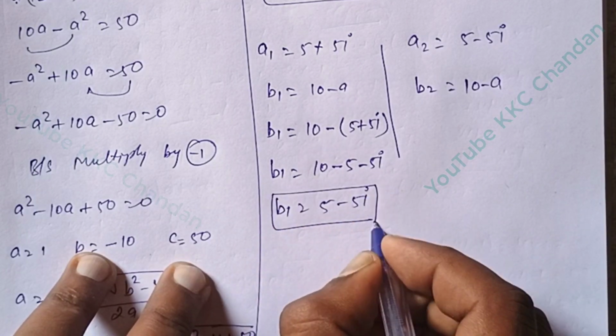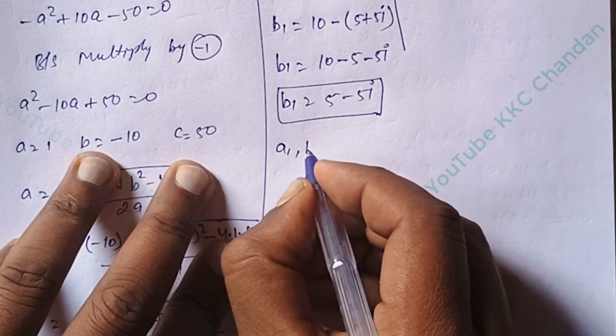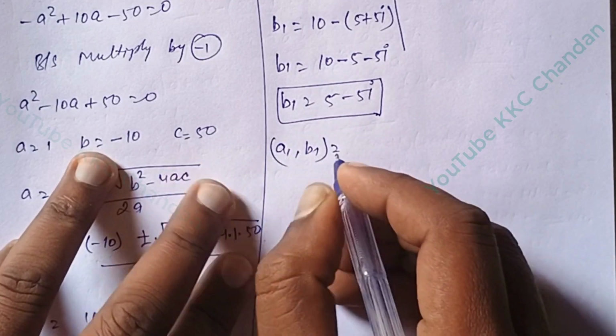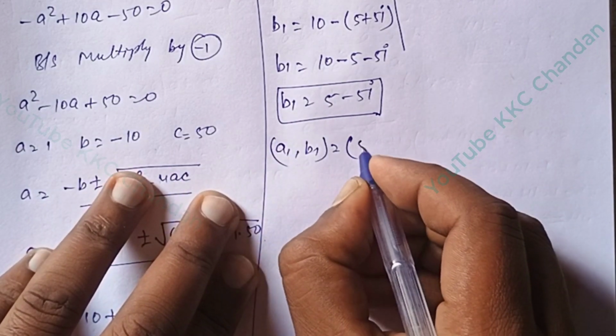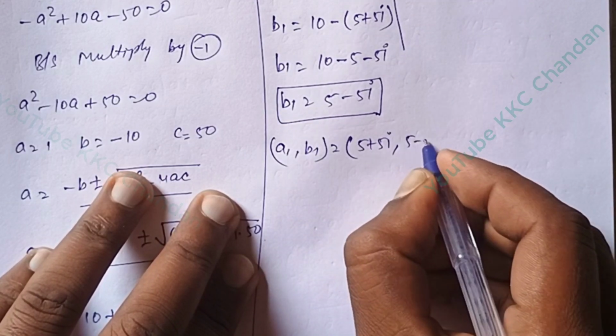Here the b1 value we get. Therefore a1, b1 values are: a1 is 5 plus 5i, b1 is 5 minus 5i.